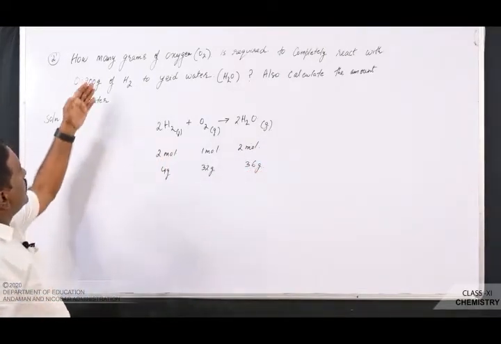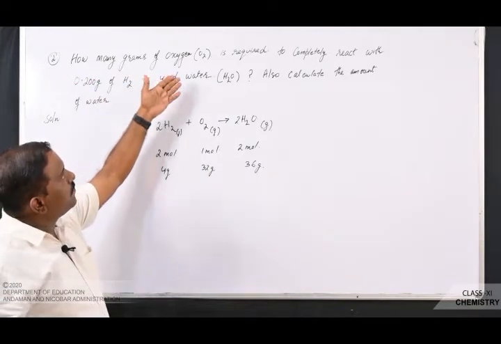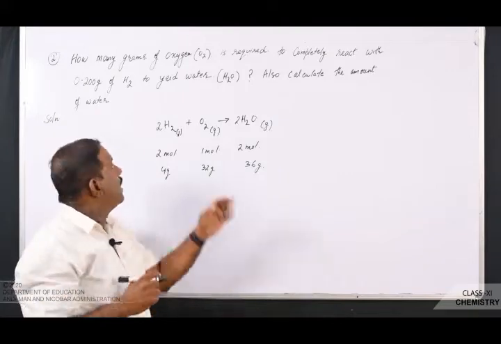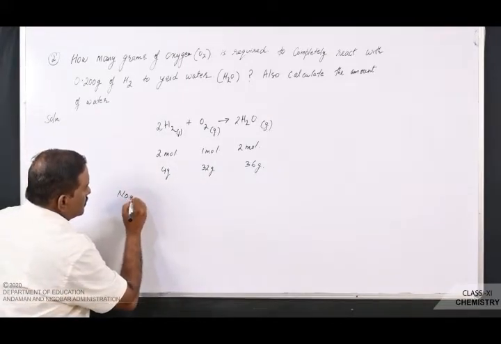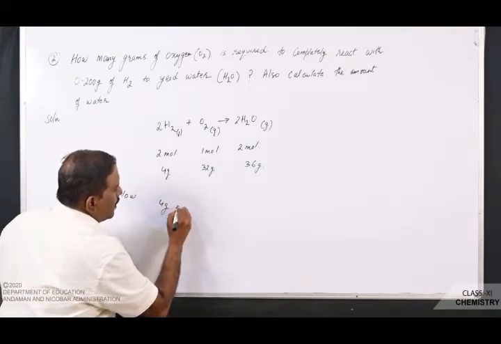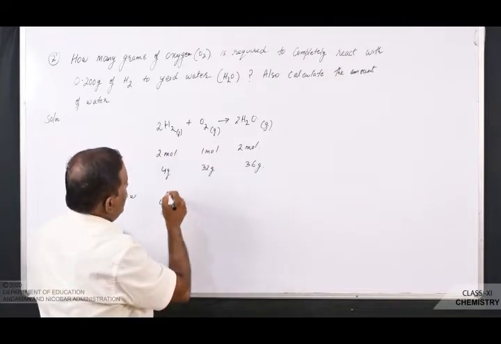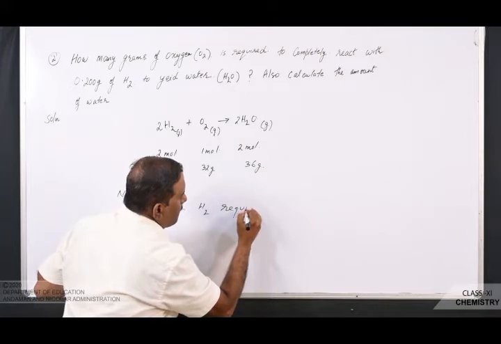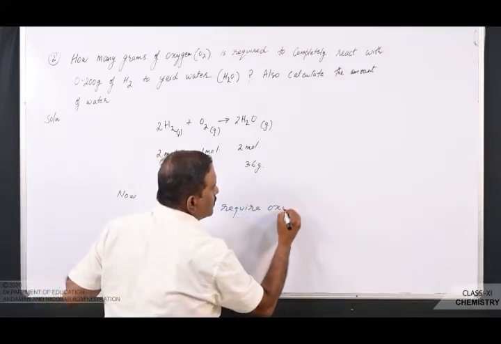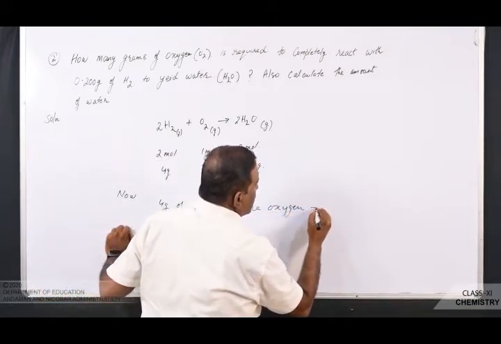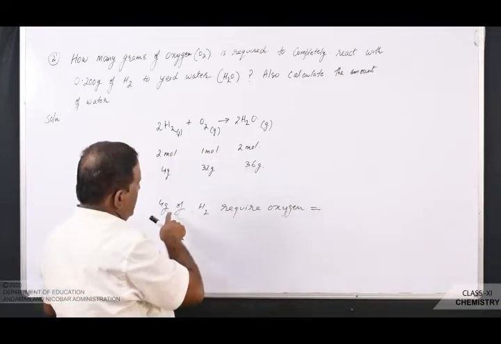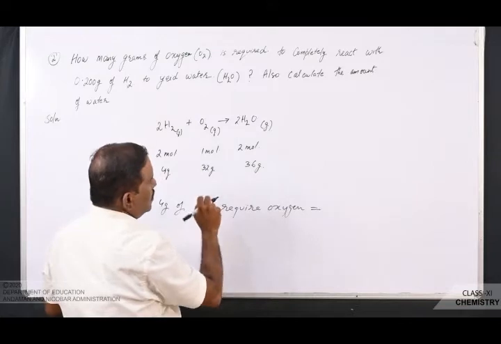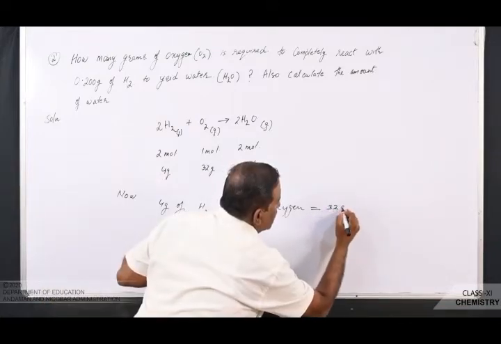So first of all, it has been asked how many grams of oxygen is required to completely react with this amount. 4 grams of H2 requires oxygen equal to 32 grams.